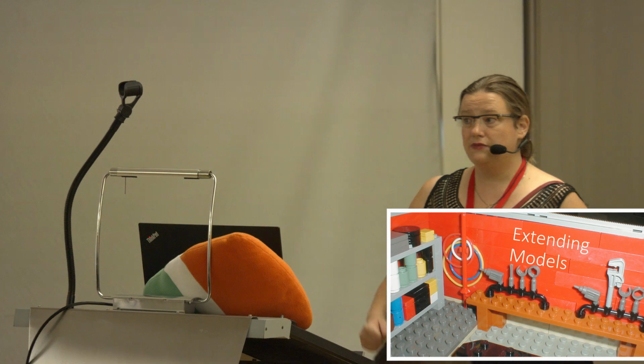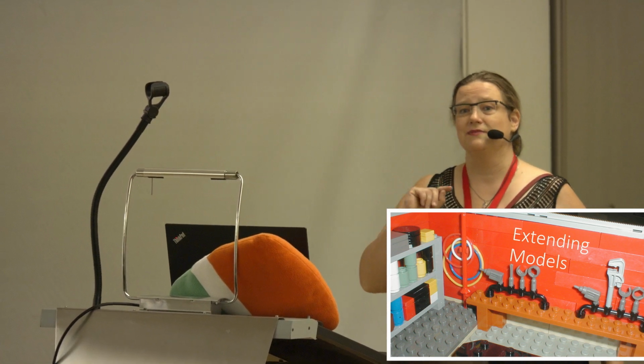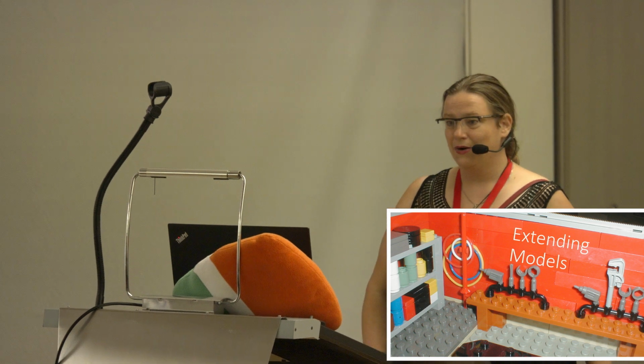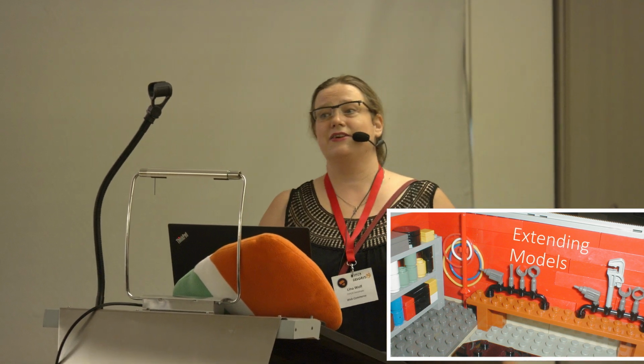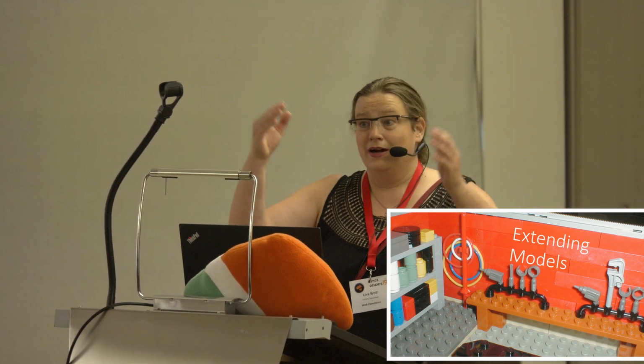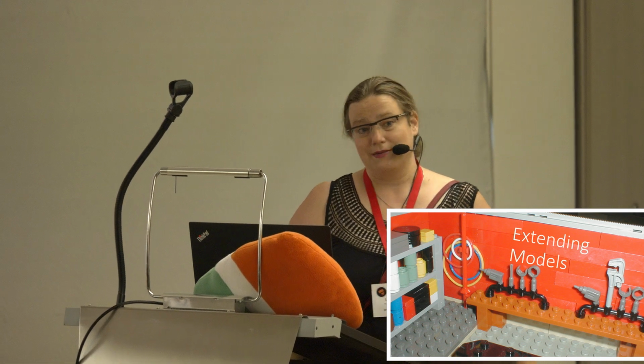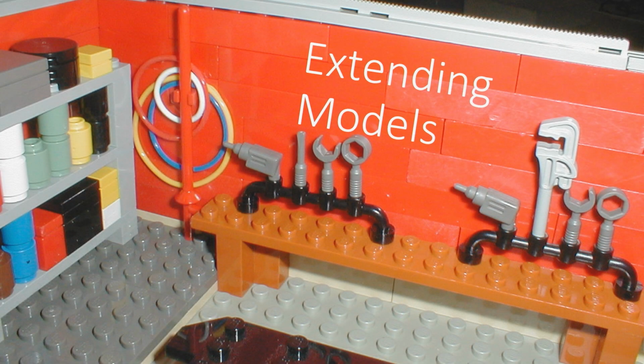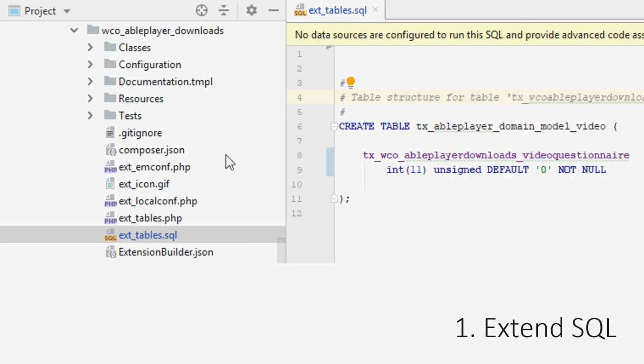For example, we have tt_news and we need some additional fields in tt_news, not tt_news, in news. Or we have tt_address, which is really still called tt. And we need an additional field for, I don't know, a certain phone number or something like that. And we can really achieve this without XCLASSing, without anything like that.